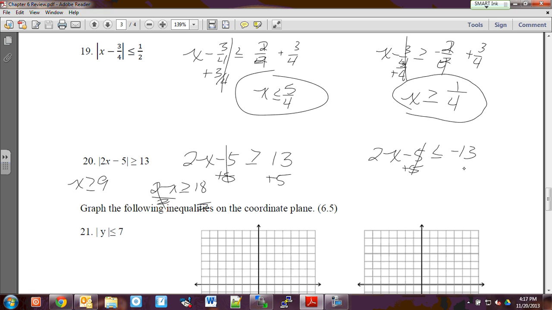Plus 5, plus 5. 2x is less than or equal to negative 8. Divide both sides by 2. So x is greater than or equal to 9, and x is less than or equal to negative 4. Okay, moving right along.